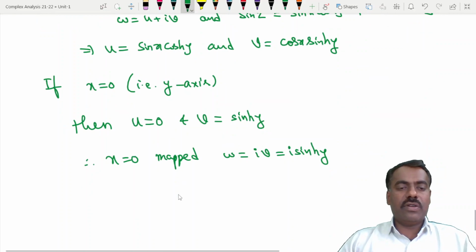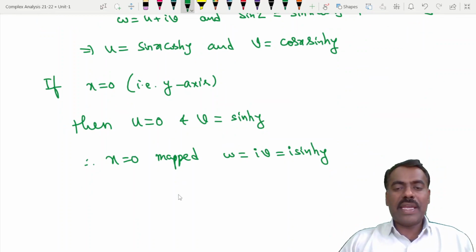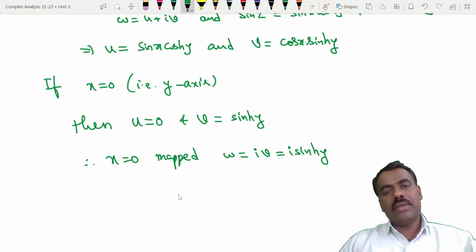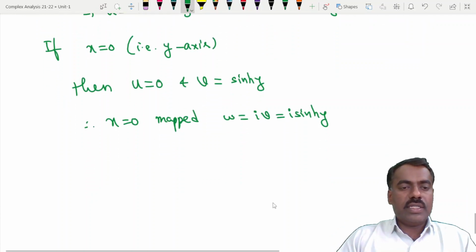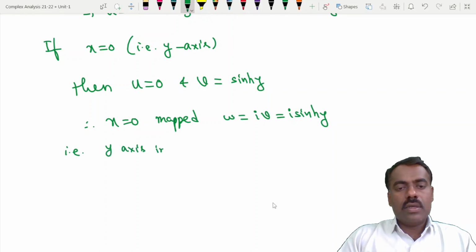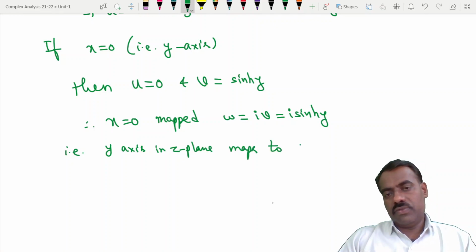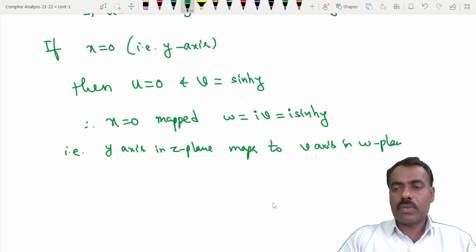That means this vertical line, the y axis in the z plane, is mapped to the v axis in the w plane. That is, the y axis in the z plane maps to the v axis in the w plane.